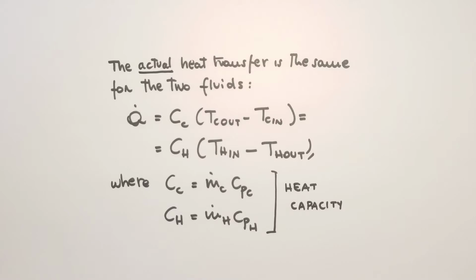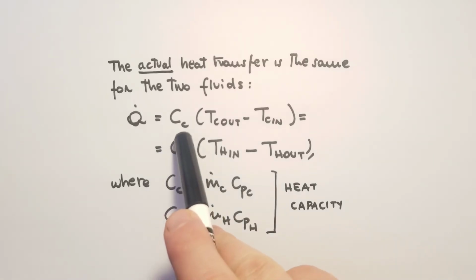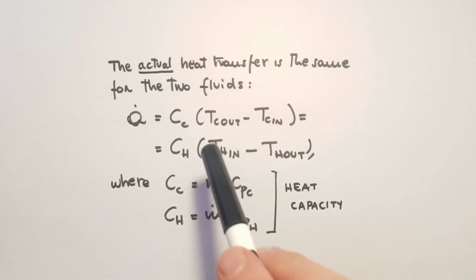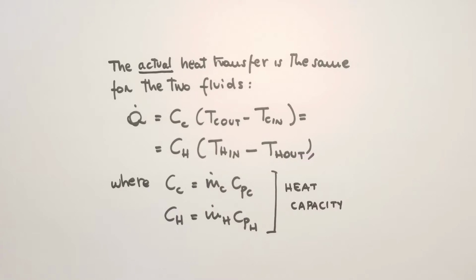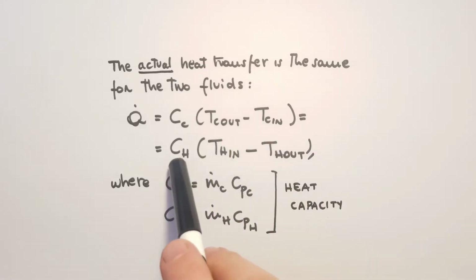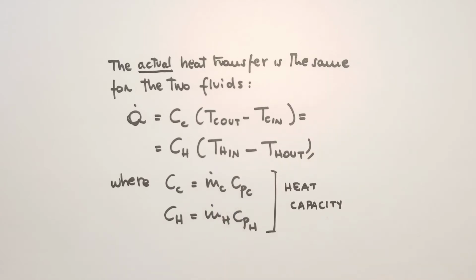So Q is equal to big C with subscript c, that's a heat capacity, so m dot times cp of the cold fluid times the temperature difference that the cold fluid experiences, so Tc out minus Tc in. That's equal to the heat capacity of the hot fluid times the temperature difference experienced by the hot fluid, that is Th in minus Th out.